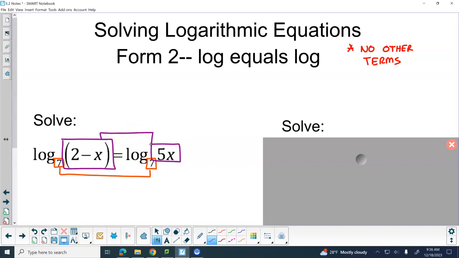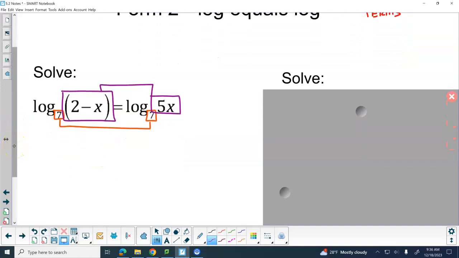So this just boils down to 2 minus x equals 5x, provided the bases are the same. If the bases are not the same, then it becomes a whole world of stuff that we're not going to do. It's like 17th layer of all that. Okay? Alright?